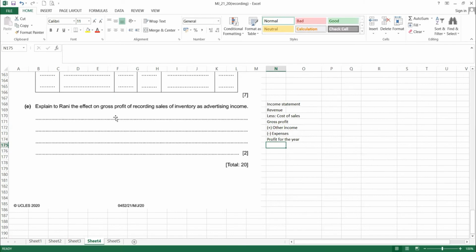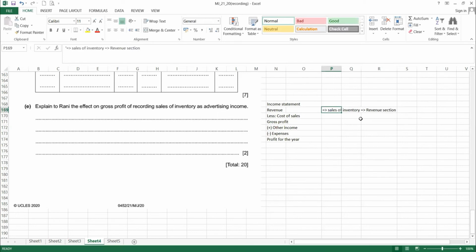So now, based on this information, they say explain to Rani the effect on gross profit of recording sales of inventory. The sales of inventory by right should be under the revenue section.